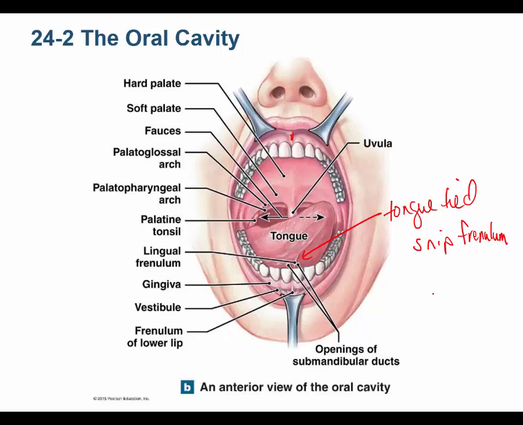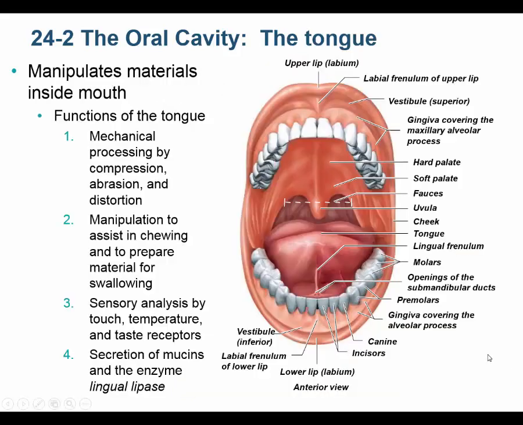In fact, some cultures snip the lingual frenulum at birth anyway because it assists them in making certain sounds in their language. So there's the lingual frenulum right there, and you can see it again.